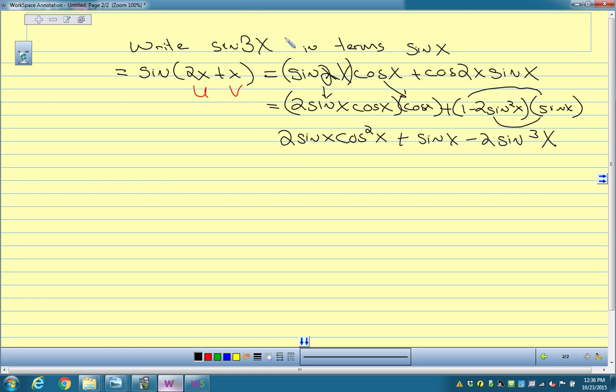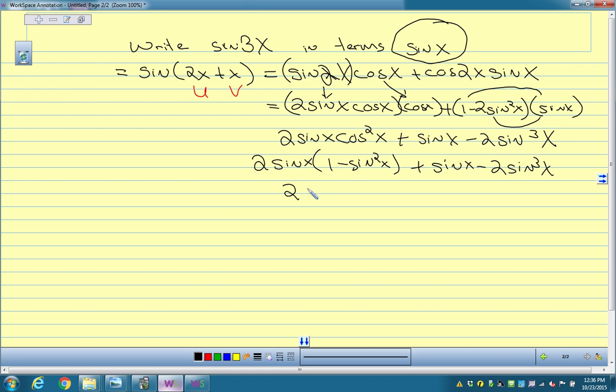But they say I want everything in terms of sine, right? So how do I change cosine squared x? 1 minus sine squared x. So now I'm going to rewrite this as 2 sine x times 1 minus sine squared x plus sine x minus 2 sine cubed x, and then I distribute this through.